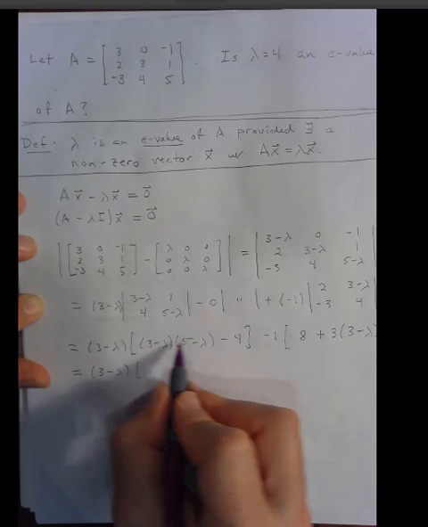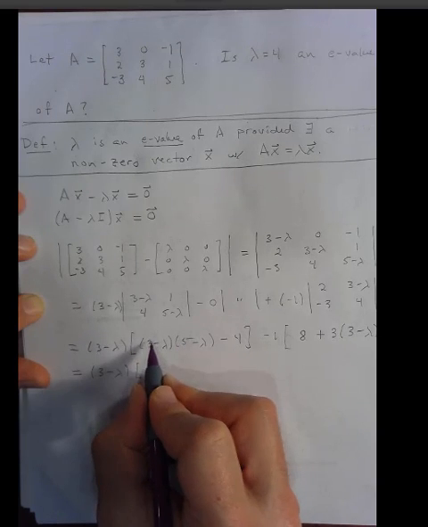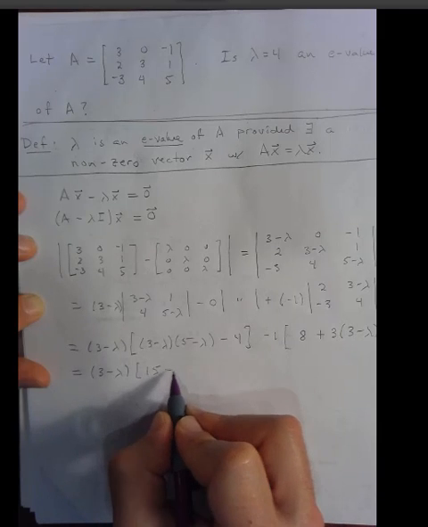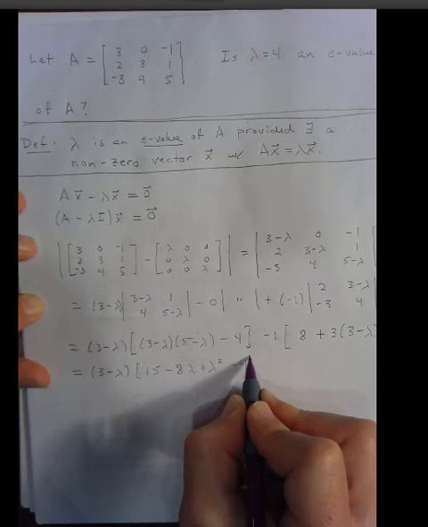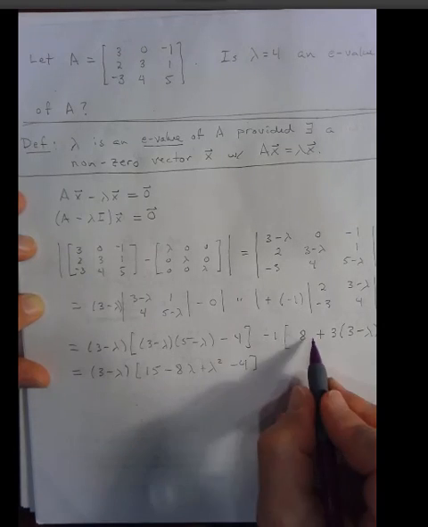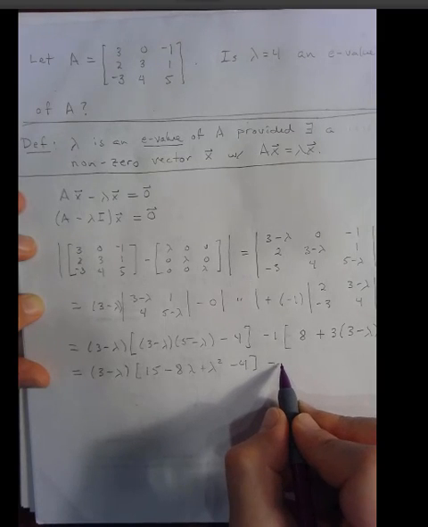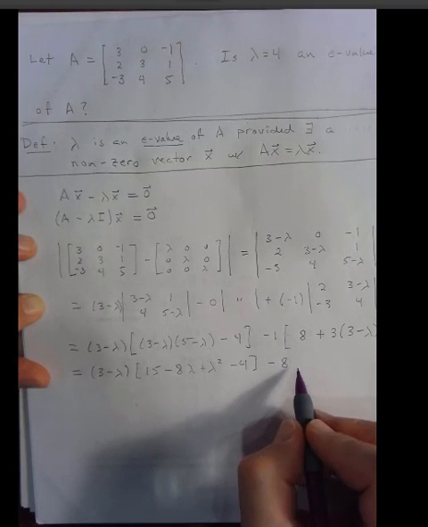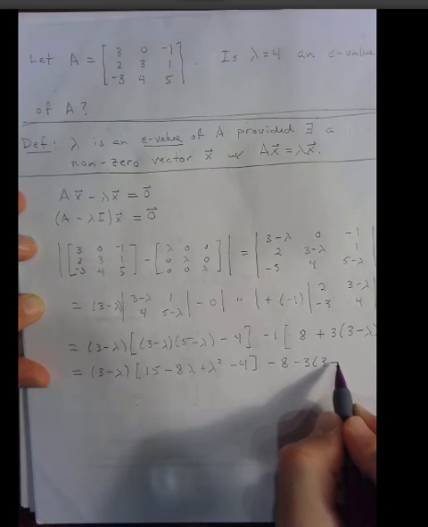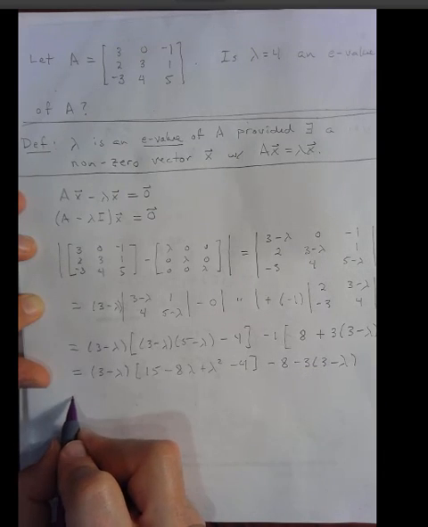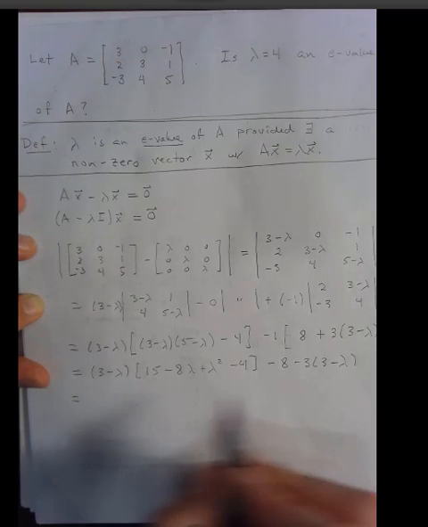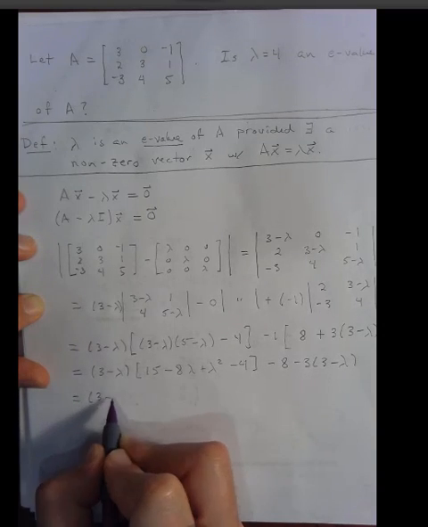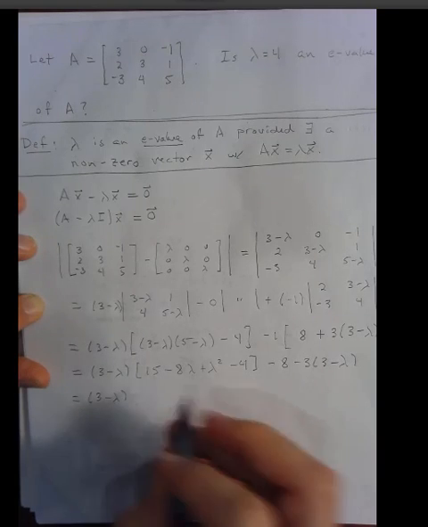I'm going to FOIL this, so it's going to be 15 minus 3 lambda minus 5 lambda, that's minus 8 lambda, plus lambda squared, minus 4. Here I'm going to get minus 8 and negative 3 times 3 minus lambda. Let me go ahead and simplify that.